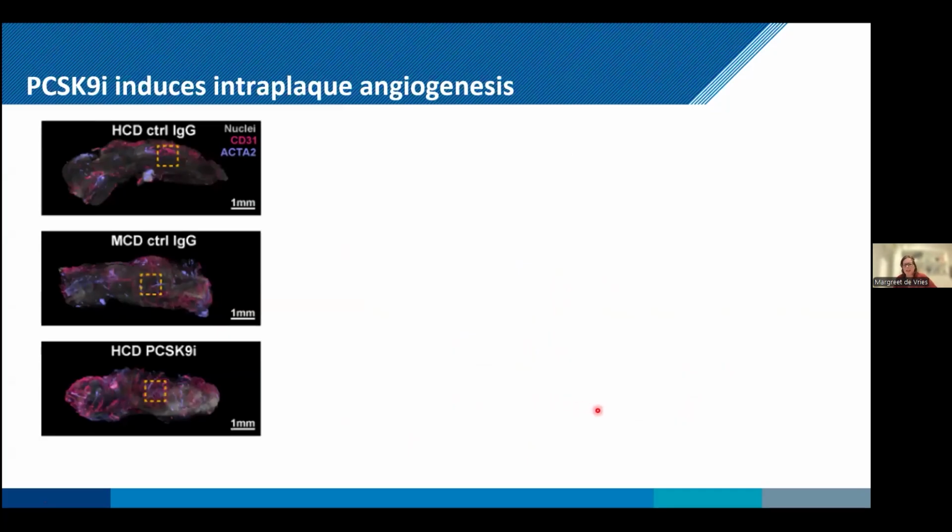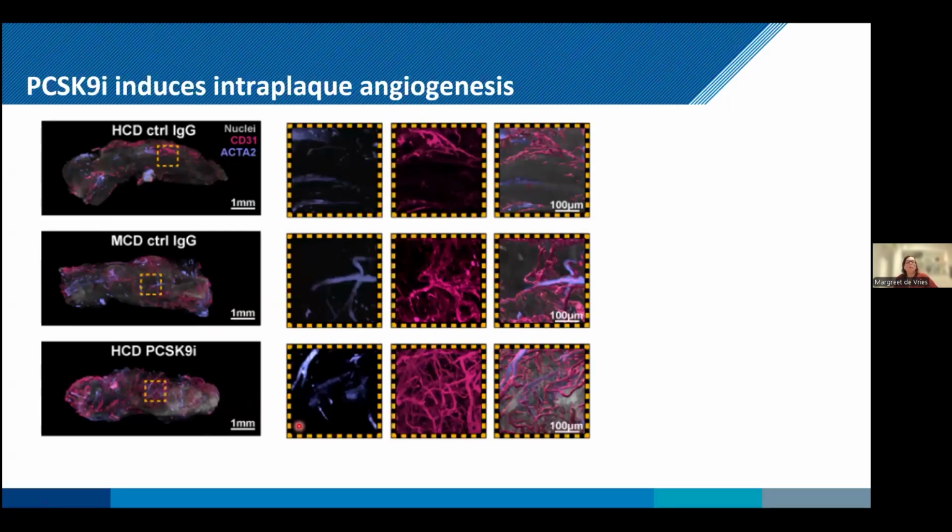We also studied this on histology, and for this we used the tissue clearance method and confocal imaging or light sheet imaging. And here we could really appreciate the neovessel 3D structures.